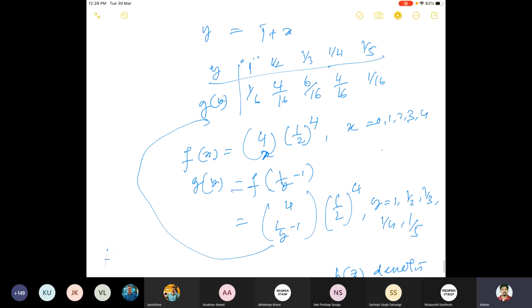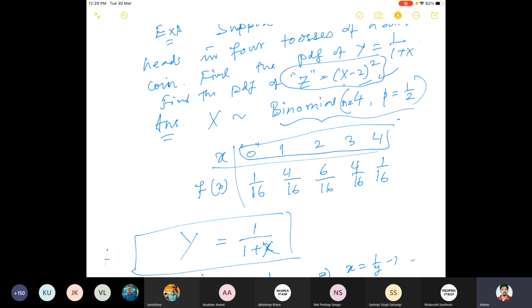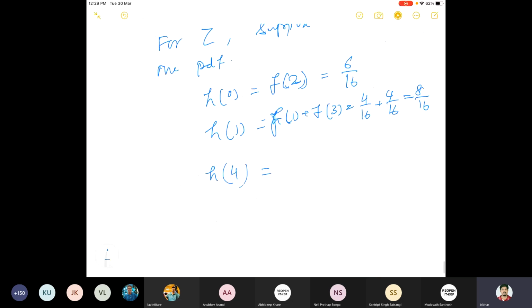This z can take the value 4 when x equals 0 or x equals 4. Then h(4) will be nothing but f(0) plus f(4). So this will be 1/16 plus 1/16, which is equal to 2/16.